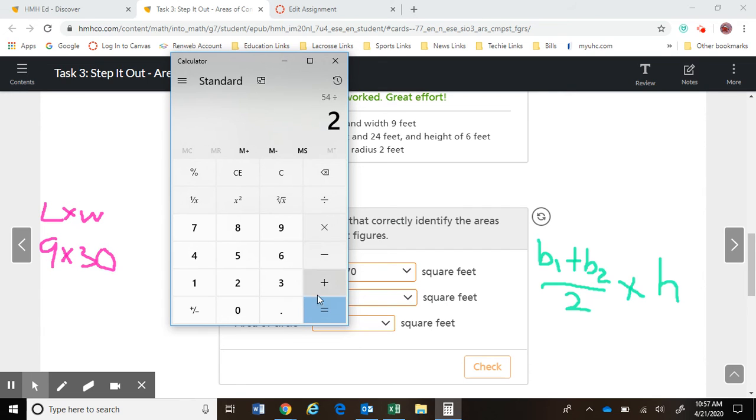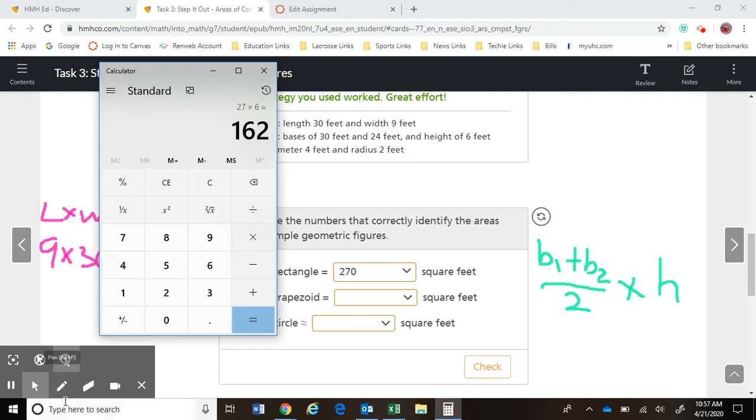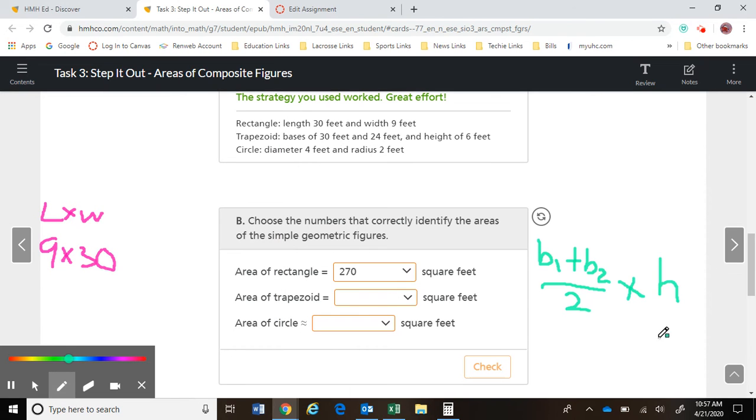Divide that by 2, which gives me 27, and multiply that times the height, which was 6. So what is that? 162. You may need to practice that a couple times. It equals 162, and of course it's square feet.